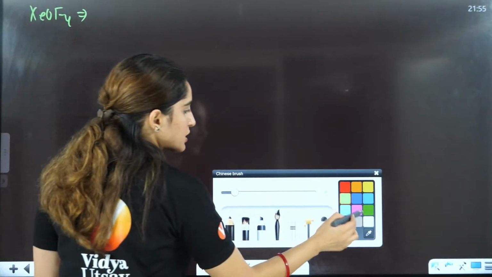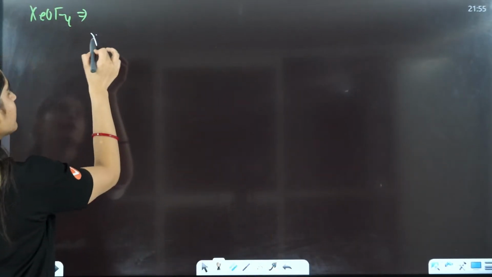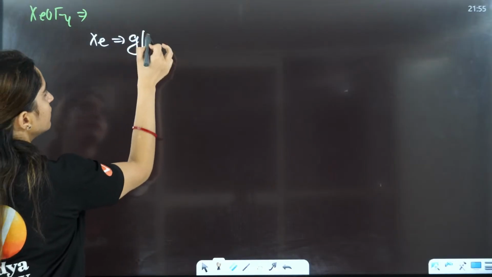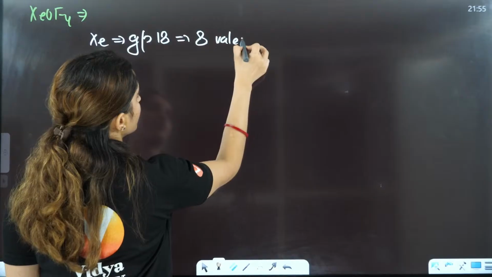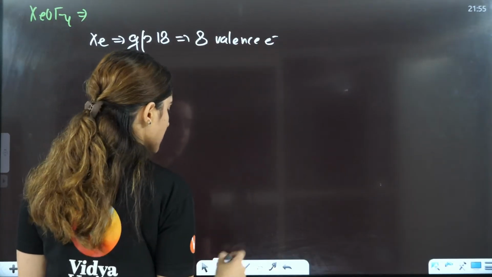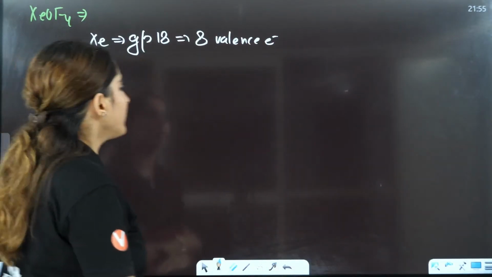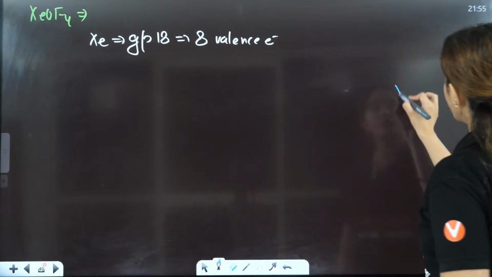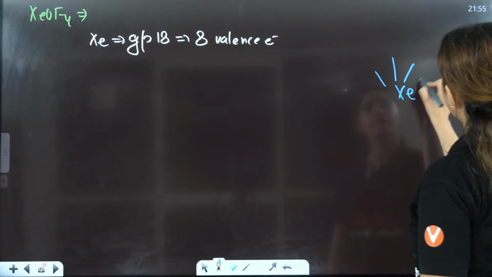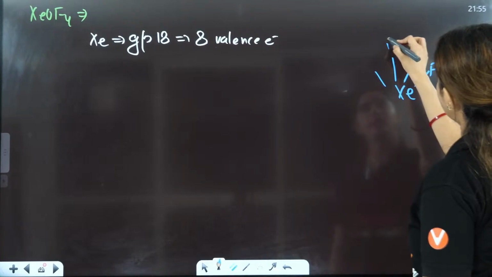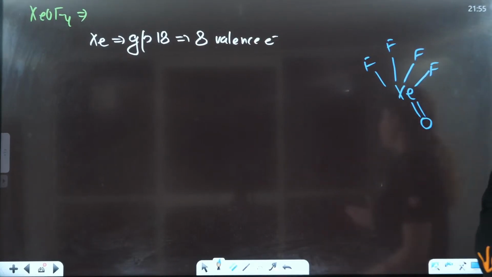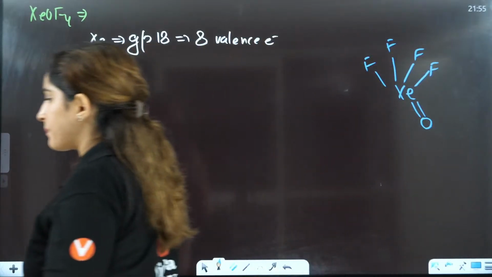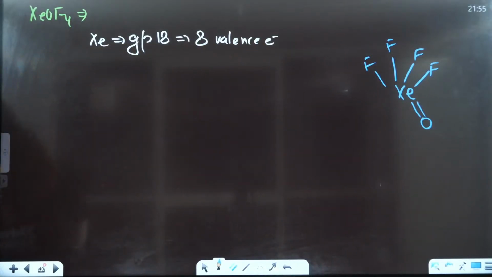So here, xenon is group number 18, 8 valence electrons. How many bonds is it forming? Xenon will form 4 bonds with fluorine and a double bond with oxygen, because oxygen forms a double bond. So it is possible.